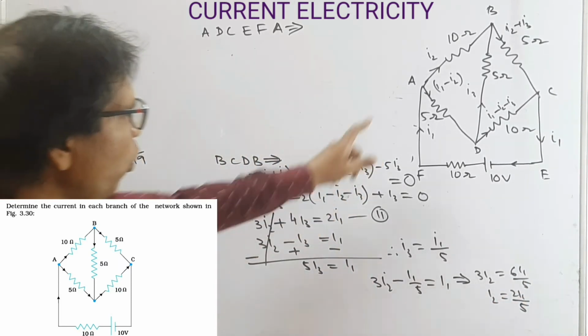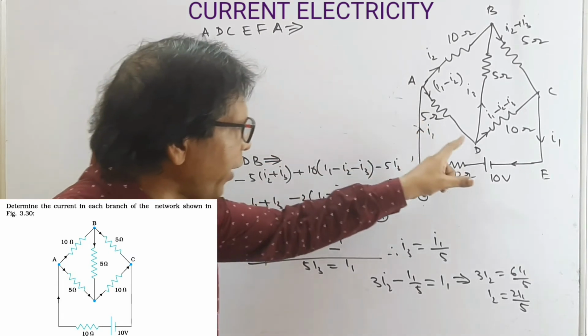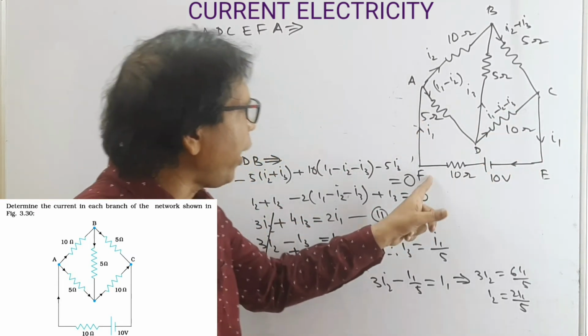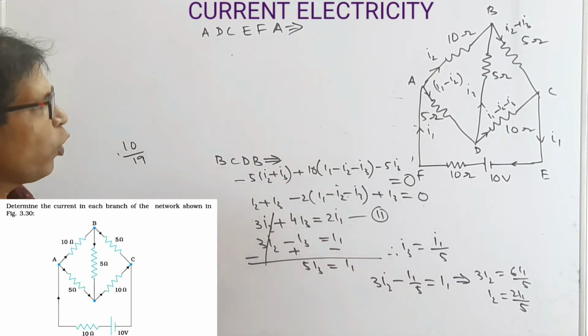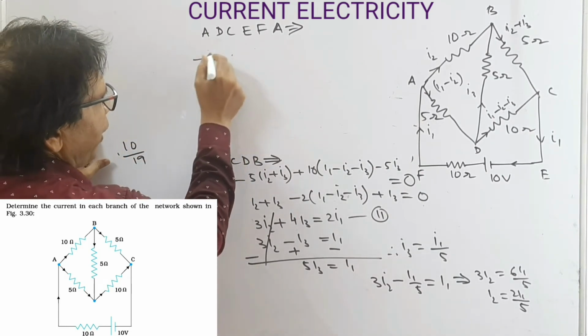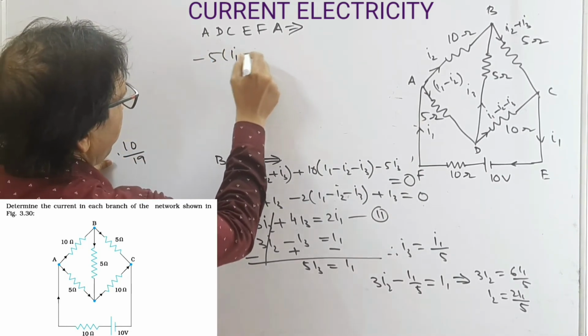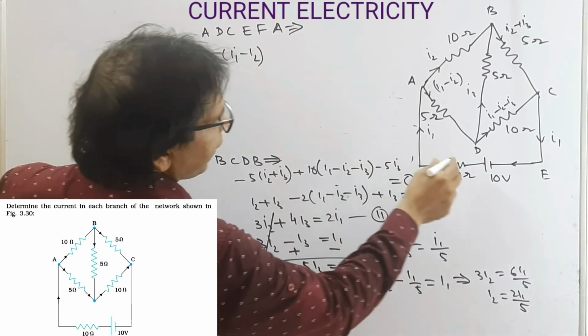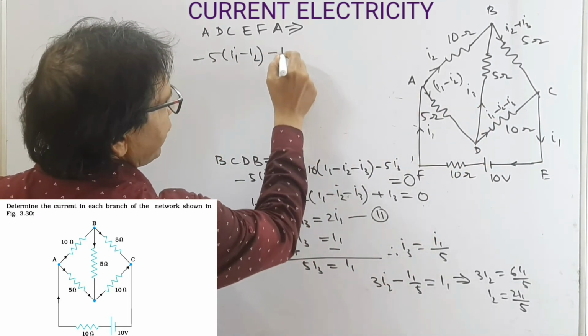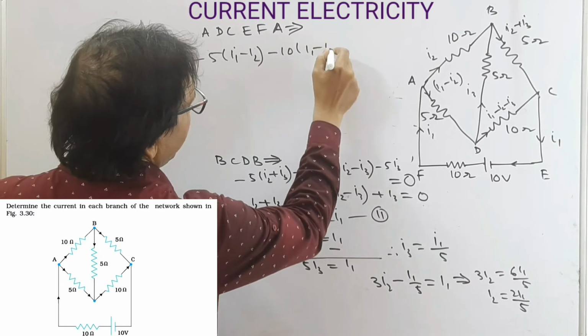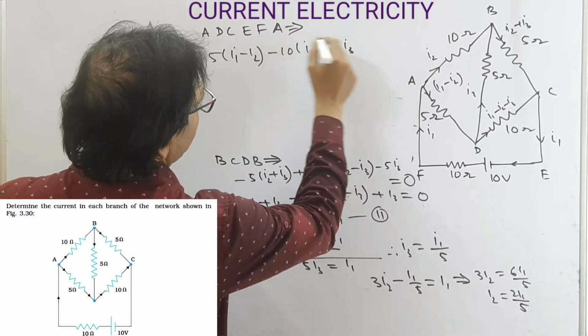Okay. Now look at this, in the loop A, D, C, E, F, A. This is minus 5 into (I1 minus I2), and this is minus 10 into (I1 minus I2 minus I3).